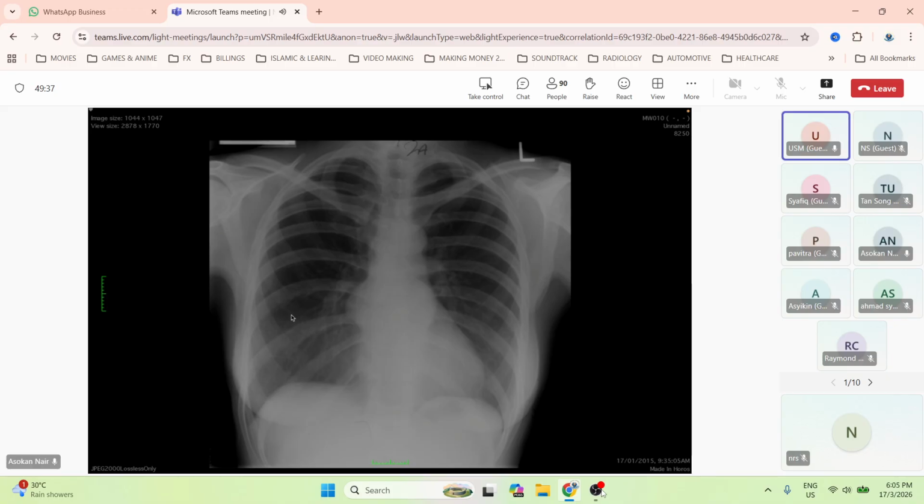And okay, so you saw a lesion here. Is it only on this side or is it on the left side as well? Oh, sorry, I just noticed that over the left side there is also a paravertebral homogeneous opacity.